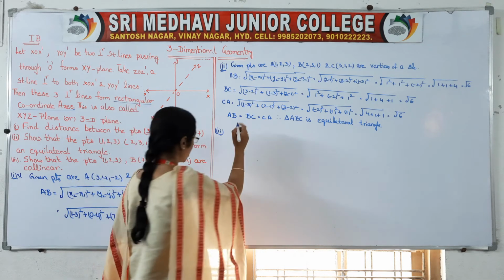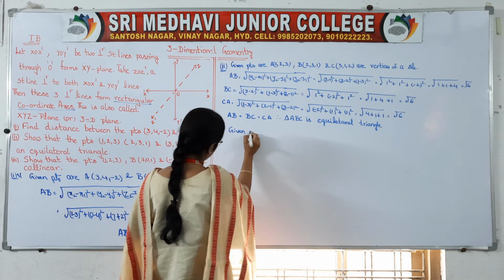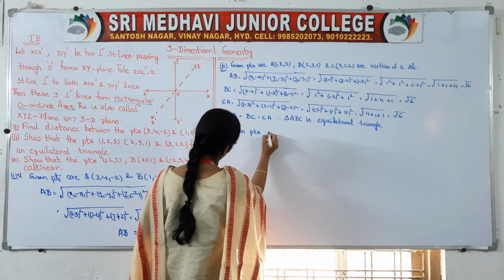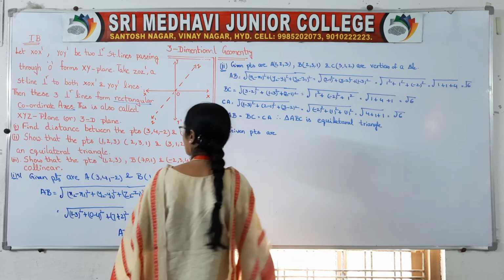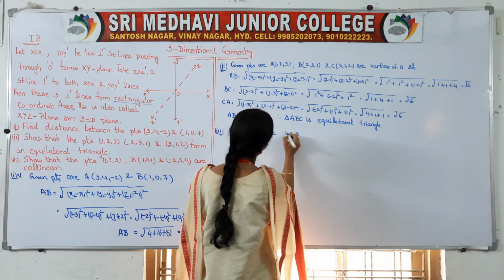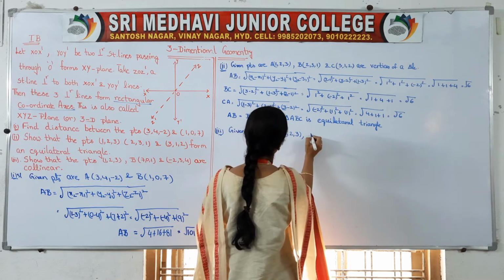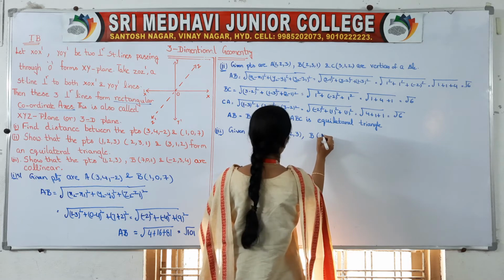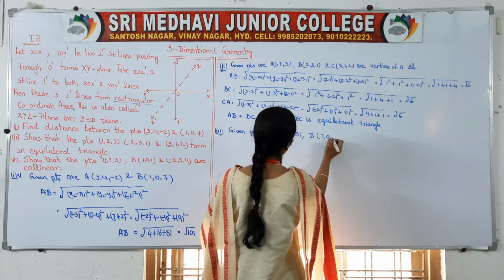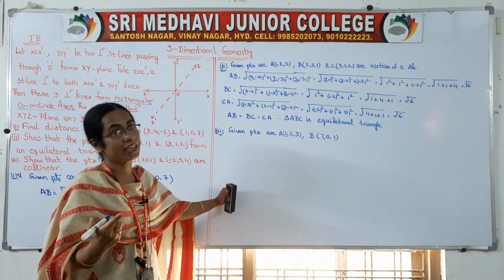Okay, so first, what are the given points to you? A is 1, 2, 3, next B is 7, 0, 1. Take the points correctly, then only we can get the collinearity, right?